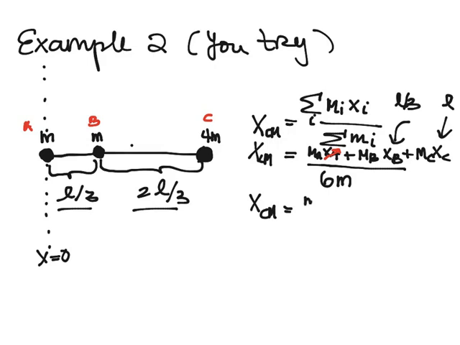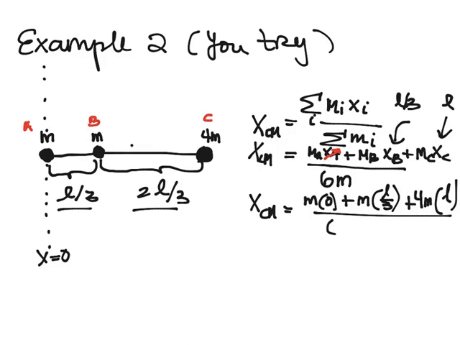I have m times 0 plus m times L over 3 plus 4m, because MC is big, times its distance, which is just L, all over 6m. And notice I have an m in every single thing, so I have my m's canceling out. And that makes sense because L is a length and we want xcm, our center of mass, which is a distance or a position, to be in meters or length as well.